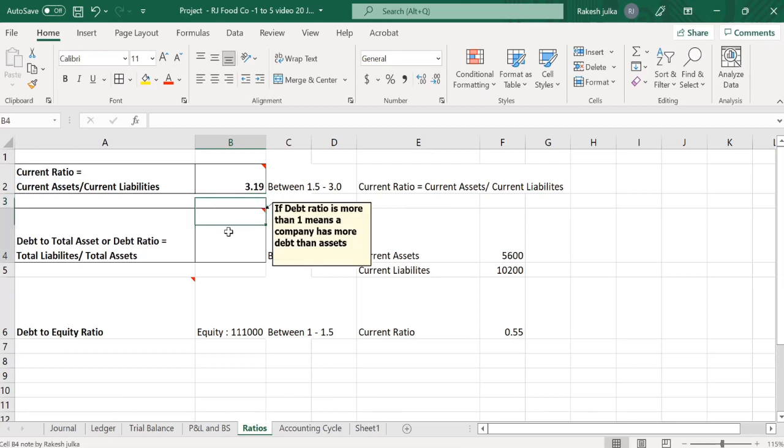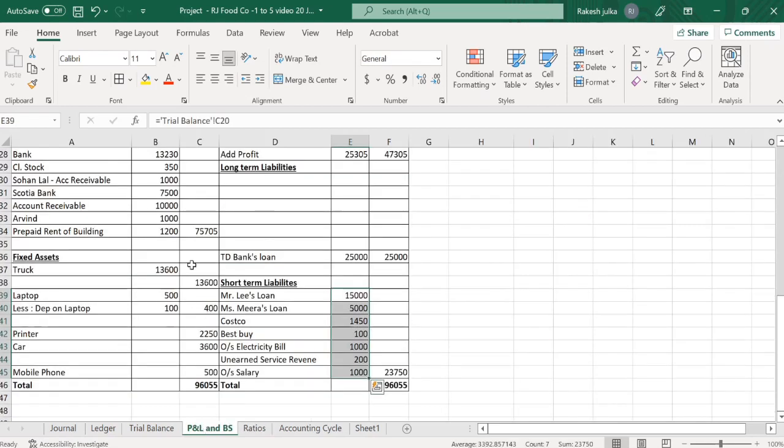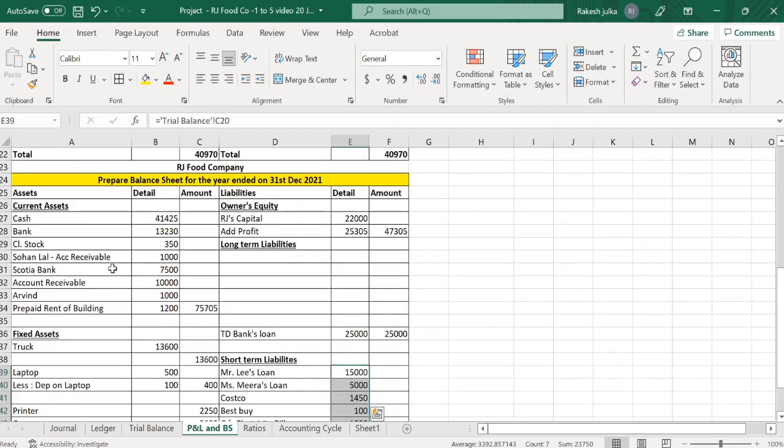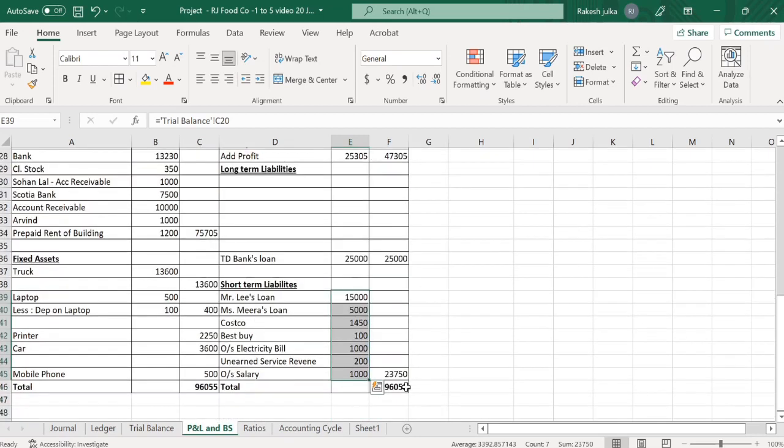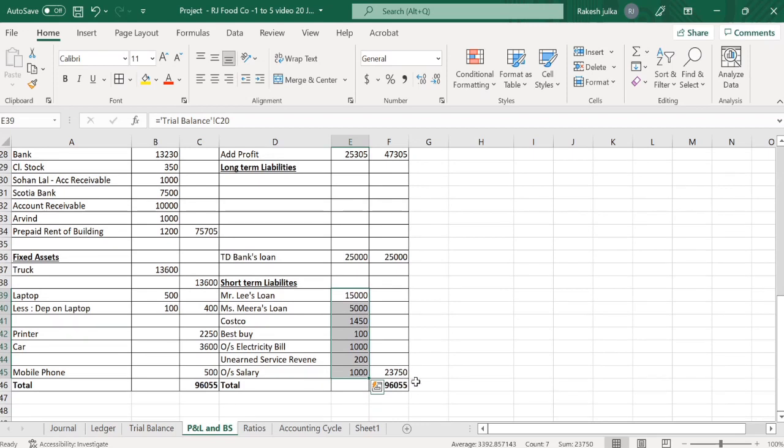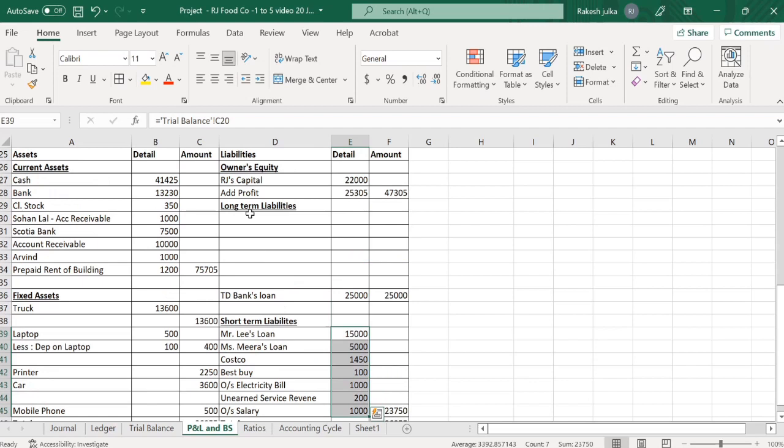In this example, we can see the short-term liabilities we have here, 23,750, as well as the long-term liabilities, 25,000.